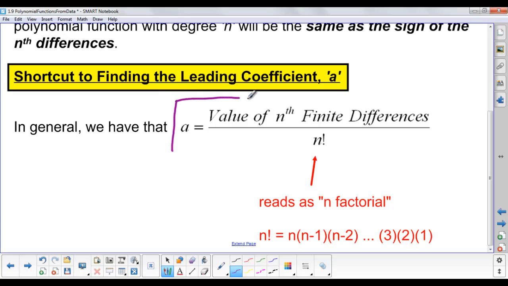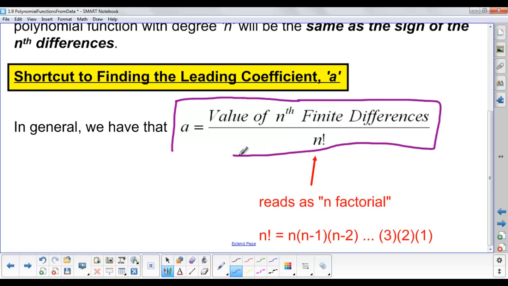But just for now, know this formula. Our a value, our leading coefficient, is found by calculating the value of the finite differences divided by n factorial. Let me explain what a factorial is. If I had 5 factorial, I start with the number 5 and multiply by the number below it, and the number below it, and so on until I get to 1.